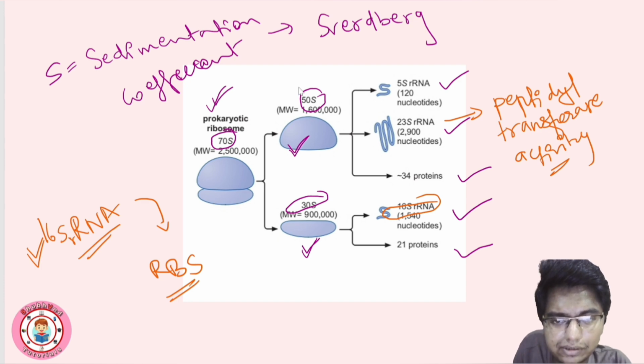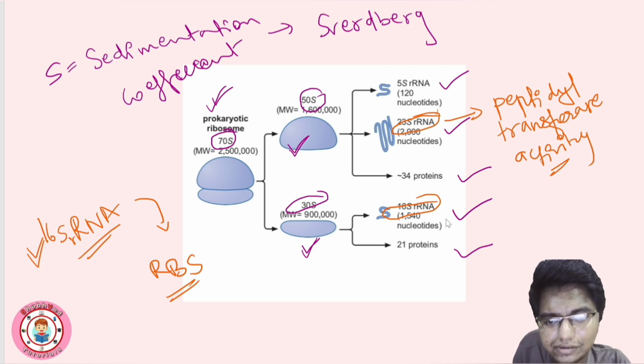We have to remember this. So these are the very important things. In the large subunit there is peptidyl transferase activity, specifically related to 23S rRNA, and the small subunit, that is 30S, is having 16S rRNA which will bind with the ribosome binding site.